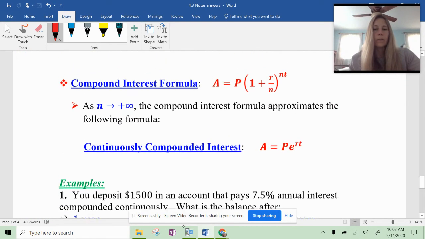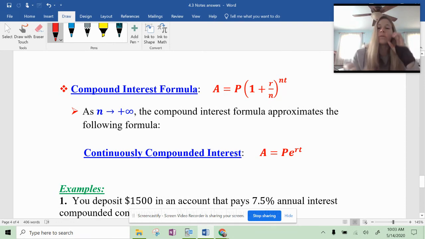Okay, and then finally, the last formula we're going to do, and you'll notice this little portion in here, the 1 plus R over N. Remember, that kind of looks like that compound interest formula that we did the other day. It is actually. But in the beginning of our notes today, we talked about that when the R value is 1, and we did 1 over the N, and we changed all the N's like 10, 100, and we saw what was happening, right?